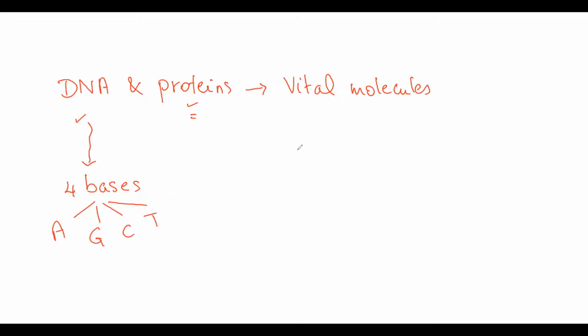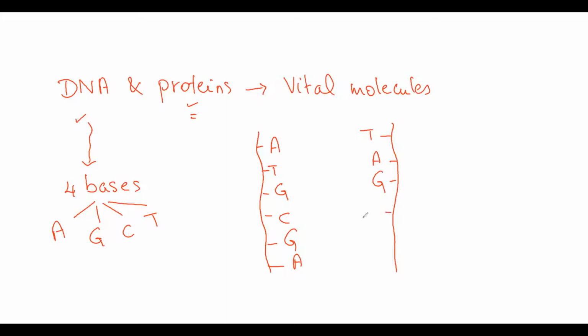Let me give you an example. Suppose there is a species, and this is a DNA molecule, and the base sequence is like this for a certain protein, for example, C, G, A, and so on. Another species is producing a similar protein, but the base sequence is different. For example, like this.